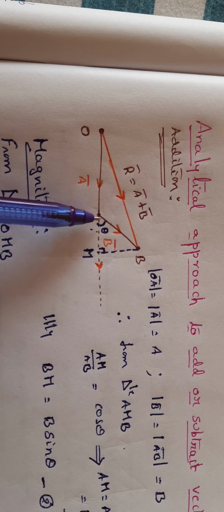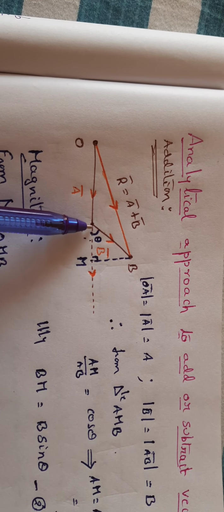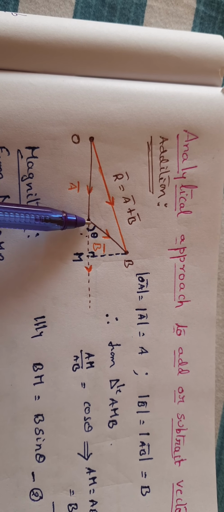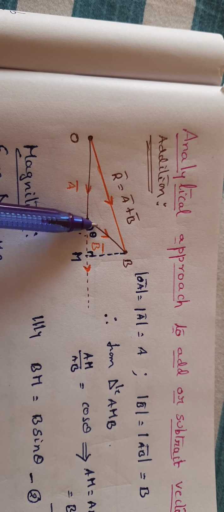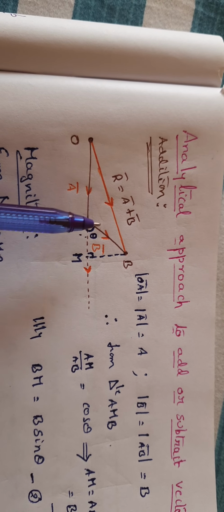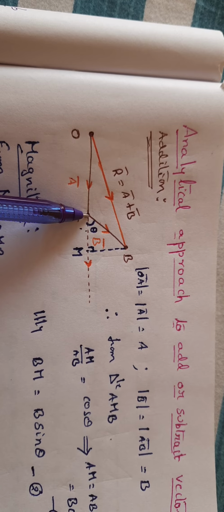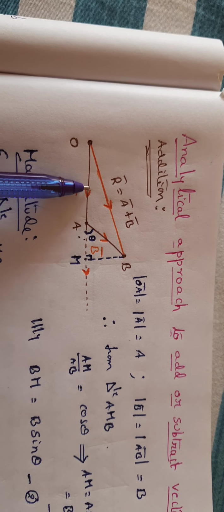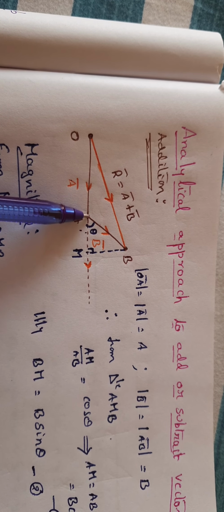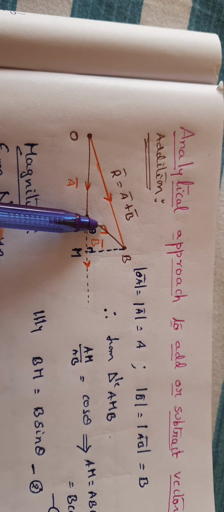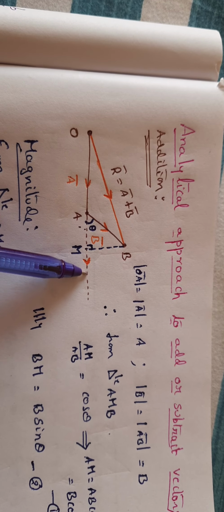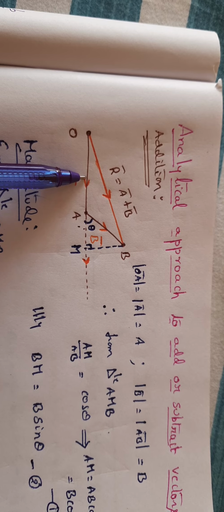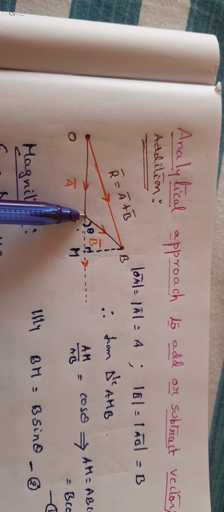Because the simple condition we discussed is that both the arrow marks, or both the directions, should be away from the point of application, that is, from the point where both the vectors intersect. If you observe these two arrows, one is approaching and the other is moving away, or receding. So therefore you can see that the angle between these two vectors can only be obtained when you extend this.